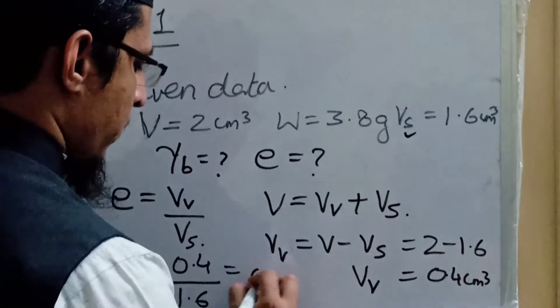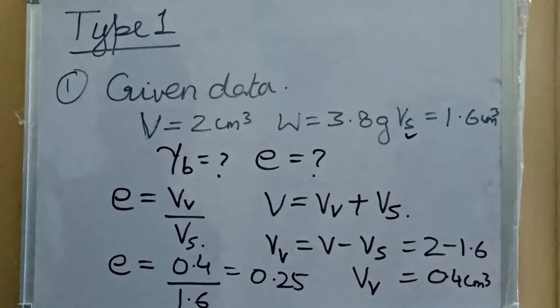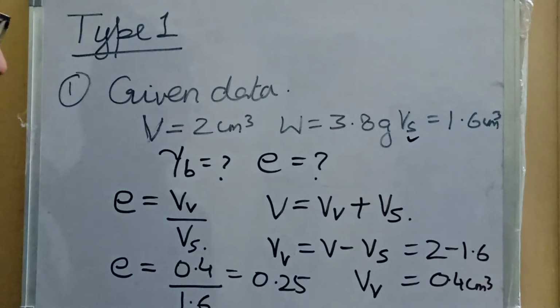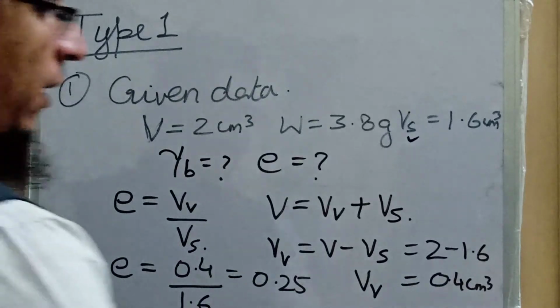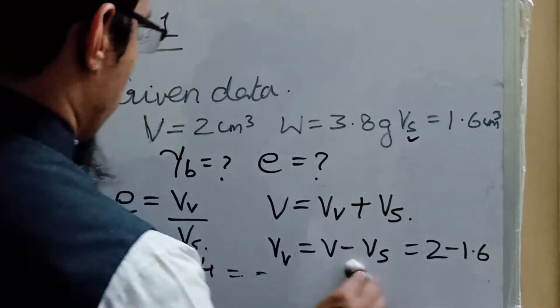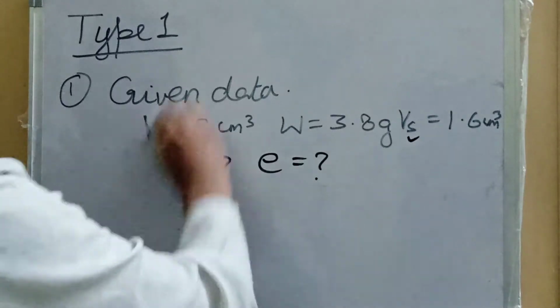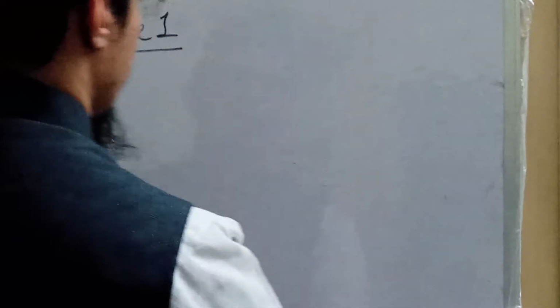So it comes out to be 0.25, and it will be unitless because both volumes are in centimeter cube and they will cancel out. So the void ratio is 0.25, a dimensionless quantity. In this way we can have this type of numericals in type 1. Similarly, one more numerical we can consider here, that is just a formula based numerical.